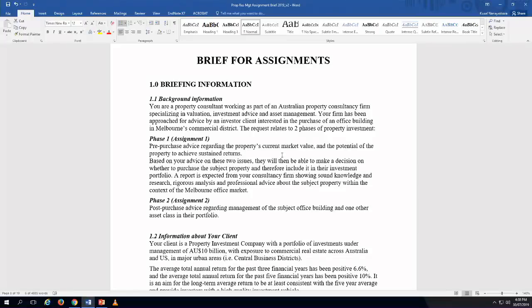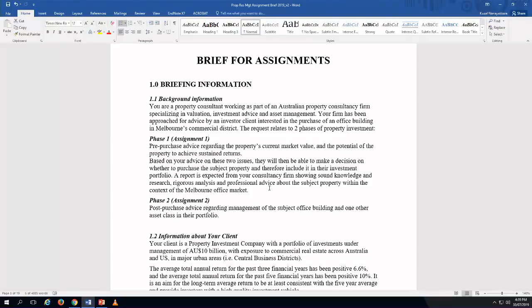The request relates to 2 phases of property investment. There are 2 phases. Phase 1 is assignment 1. Phase 2 is assignment 2. So we just focus on phase 1 at the moment. Phase 1 means pre-purchase advice regarding the property's current market value and the potential of the property to achieve sustained return.